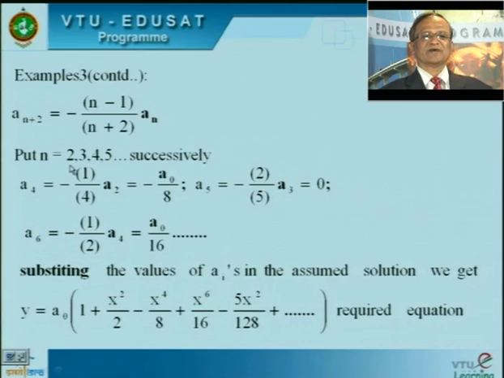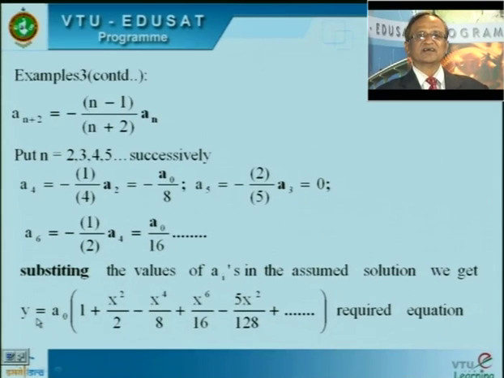So here from this recurrence relation you can obtain the various values. When we replace n by 2, I hope you will get a4. When you replace n by 3, you will get a5. Is it clear? And a6, right? You can find out all these values. Is it clear? And we want to simplify these values in terms of a0 and a1 only. Now I will substitute all these values in the assumed solution.